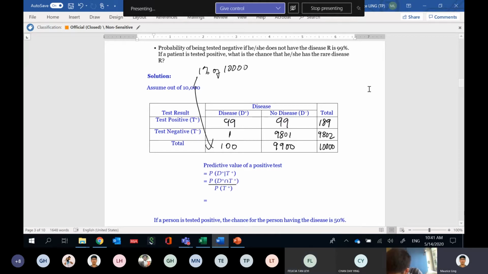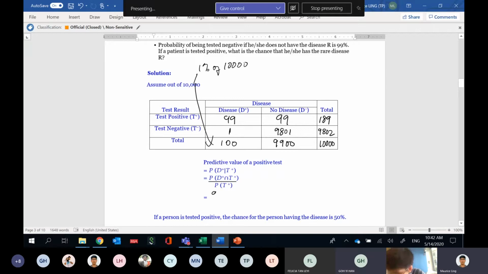Okay, so now, let's have Ihan. Which one divide by which one? Is it 99 divided by 10,000? Correct. 99 divided by 10,000 first. 99 divided by 10,000.